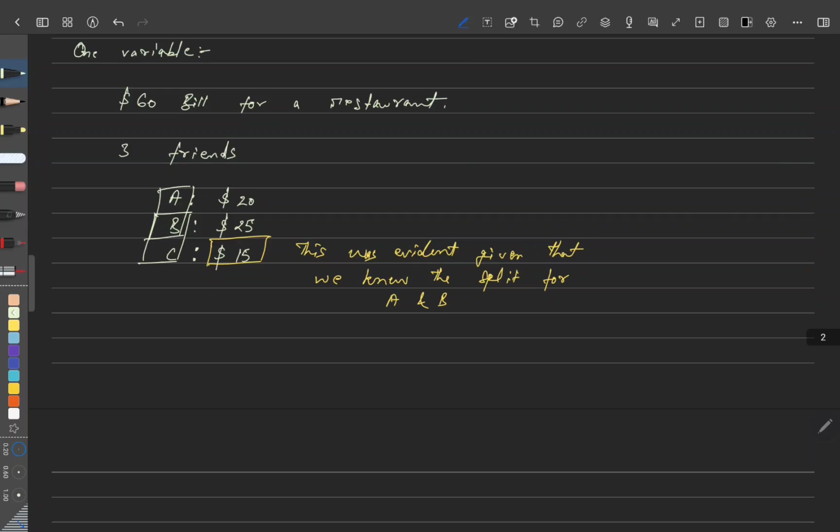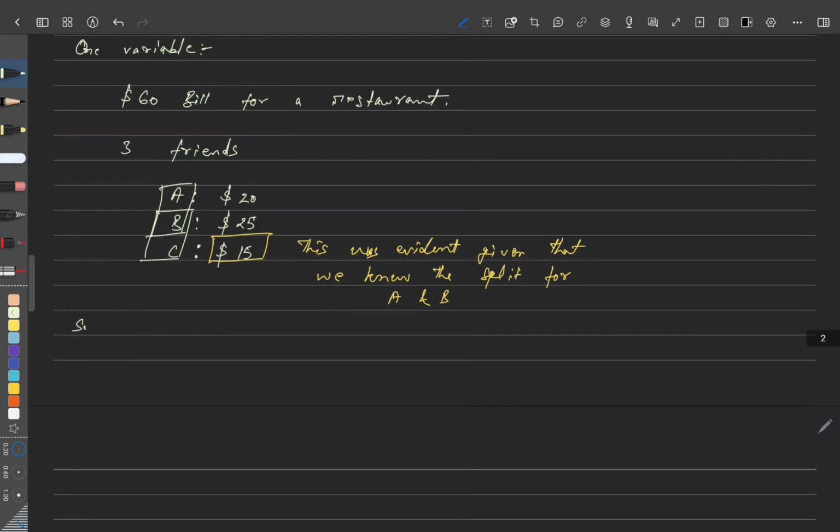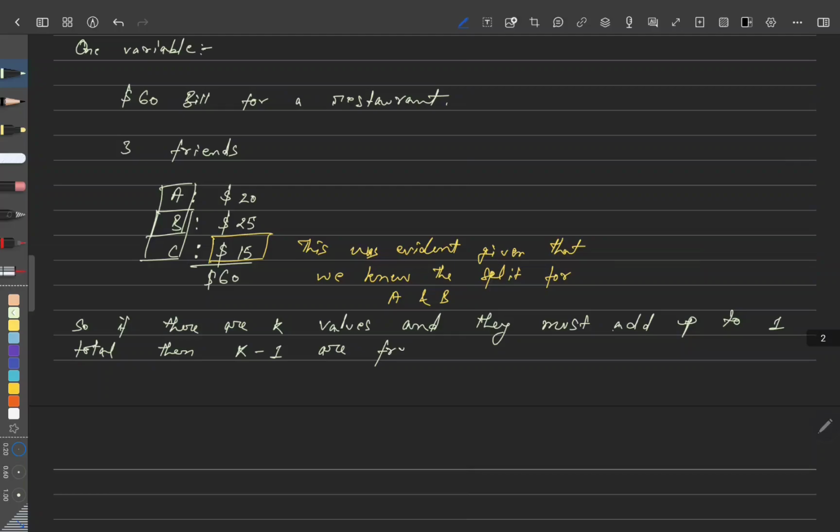So what this gives us is, if there are k values and they must add up to one total, that is 60 in our case, then k minus 1 are free to choose.